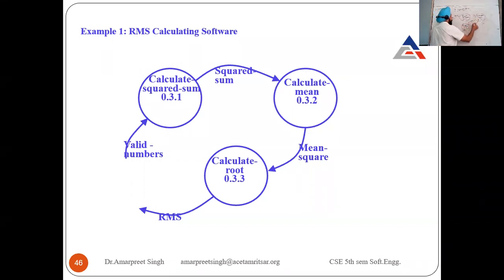That bubble was 0.3, and now we are plotting the 0.3 bubble, so we name it 0.3.1: calculate the squared sum. Then calculate the mean, numbered 0.3.2. Then we find the mean square, then we find the root. Calculate root.